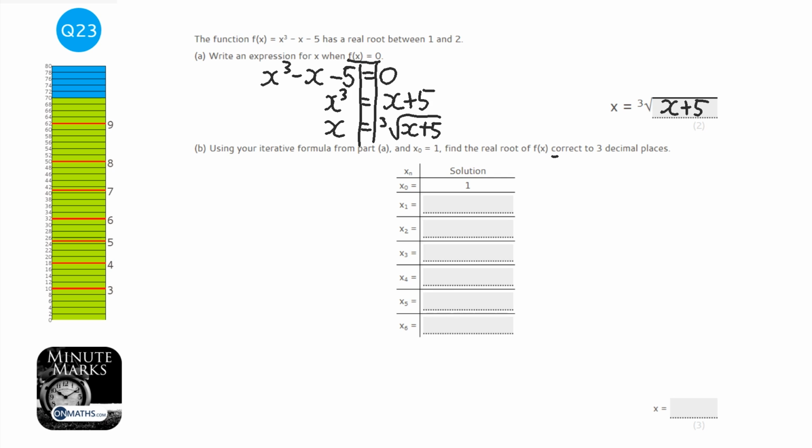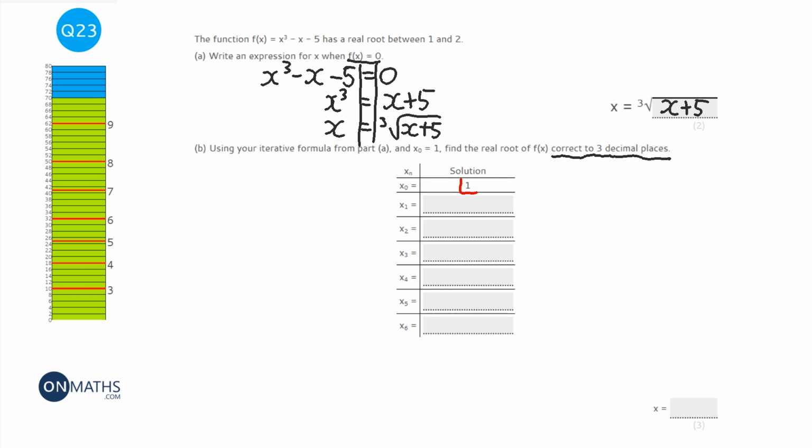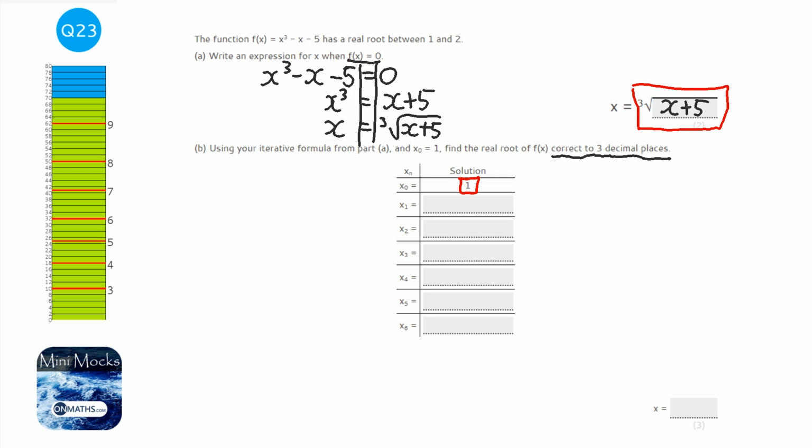This is why the question will say 3 decimal places or 4 decimal places. That will tell us when to stop. It always will give you a first one, the x0, the first one to try, and all you're going to be doing is putting that 1 into this formula here. Okay, so let's try it.